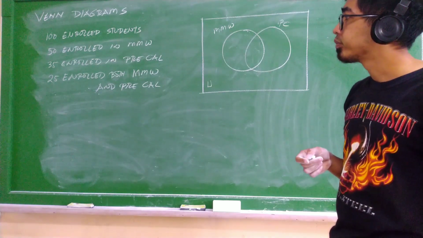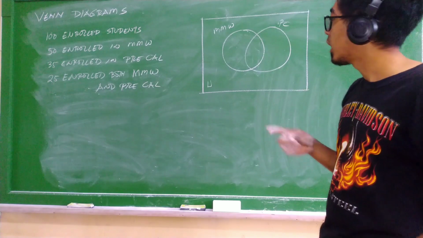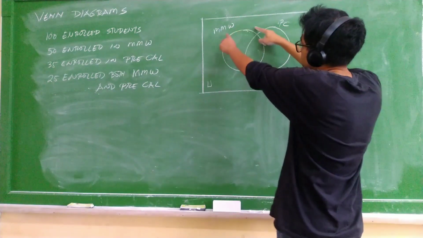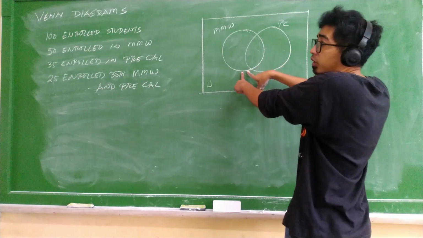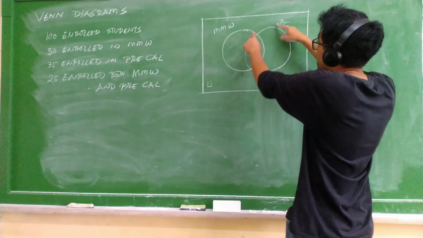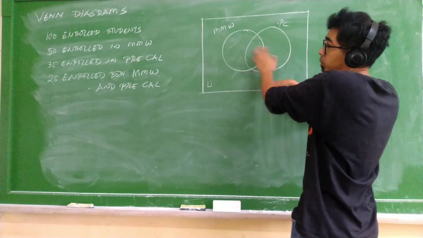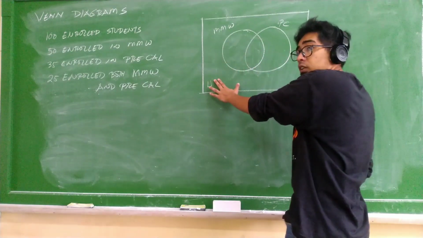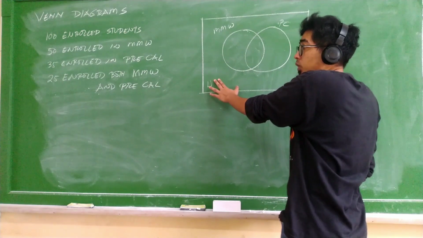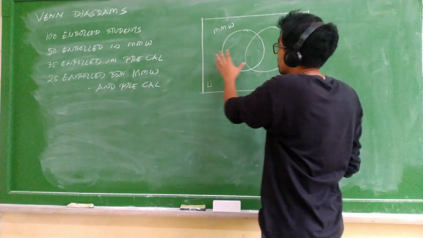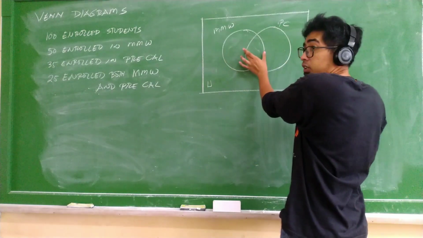Now, the problem here is, how do we distribute the students? Take note, this circle represents all students enrolled in MMW. This one represents all enrolled in pre-calculus. You cannot simply write 35 and then 50 here and then 15 here to denote the number of students, because, take note, what about this region?